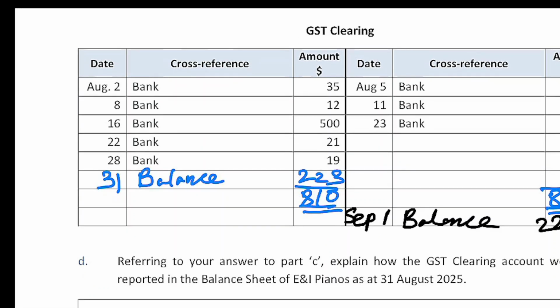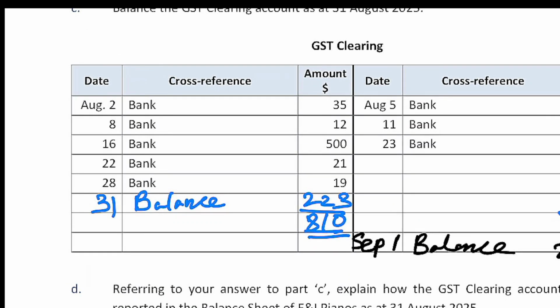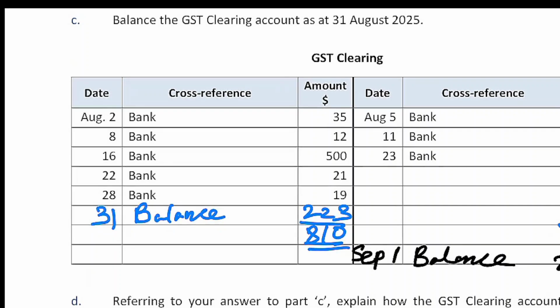Now, I will show you how to do footing. I will do it in a different color, probably red. Footing is an informal method of balancing a ledger account. How do we do that? You get the total of each side. Remember this side was 810.